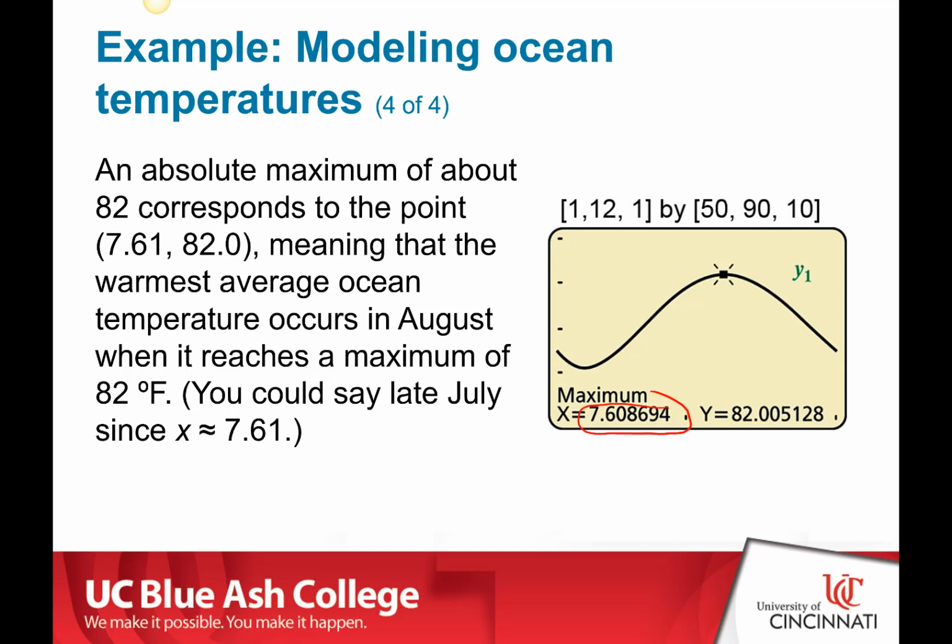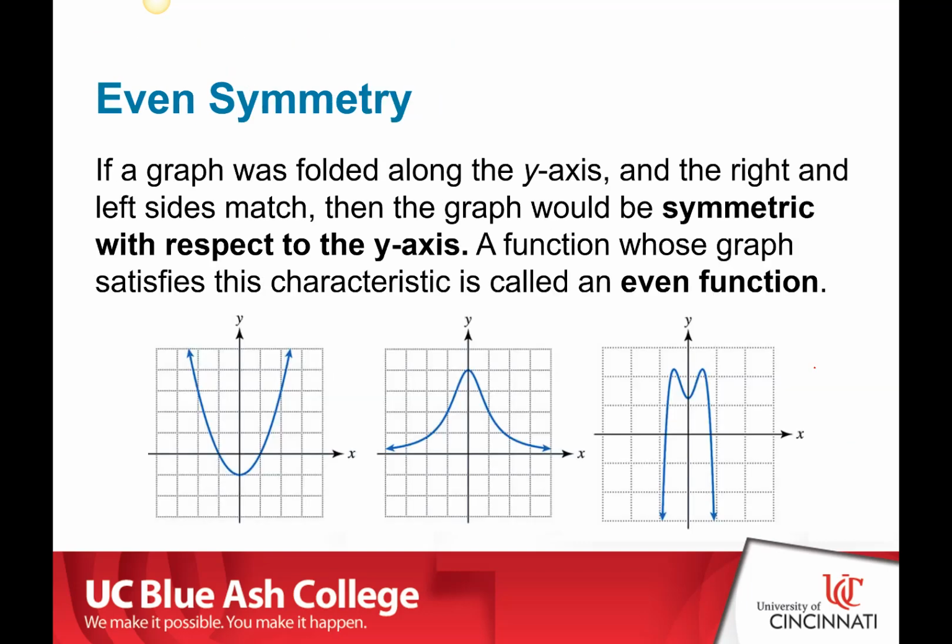Because we're not to August yet, are we? 7.5, 7.6 is not to August yet. So we're still in July, but we're a little over halfway through. So if you were to go in the third week in July, what would you expect the ocean temperature to be running? About 82 degrees. Does that make sense on how to use the mins and the maxes and all that good stuff on these?